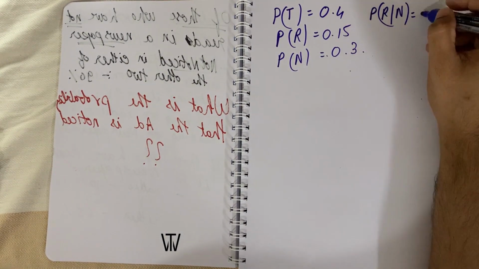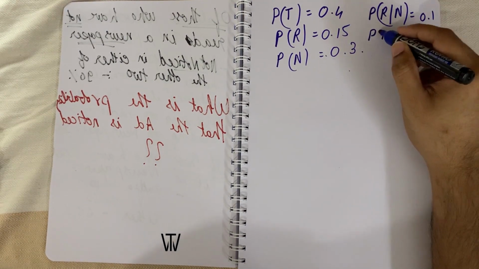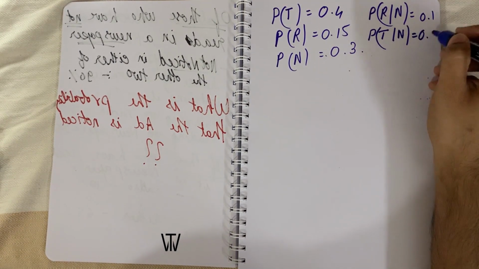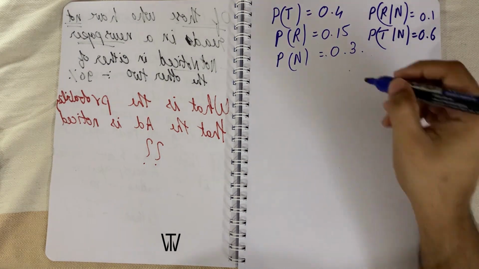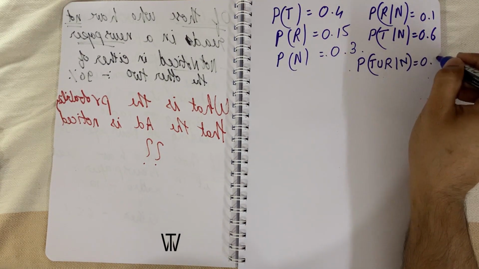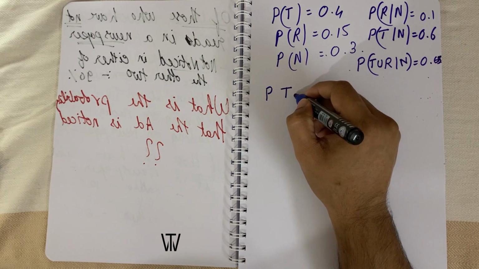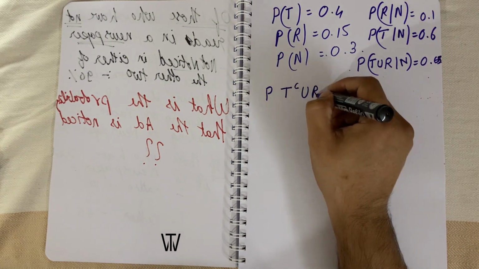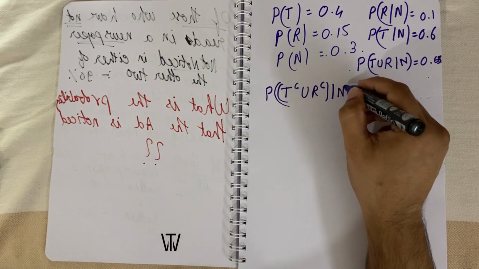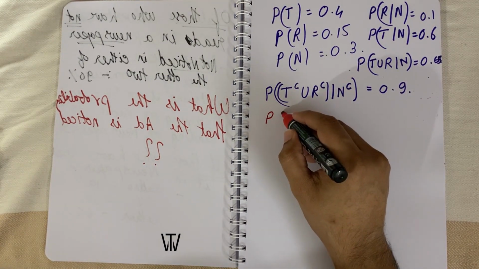Also, P of R given N is 0.1, P of T given N is 0.6, and P of T union R given N is 0.65. Also, P of T complement union R complement given N complement is 0.9. And you are asked to find P of T union R union N.